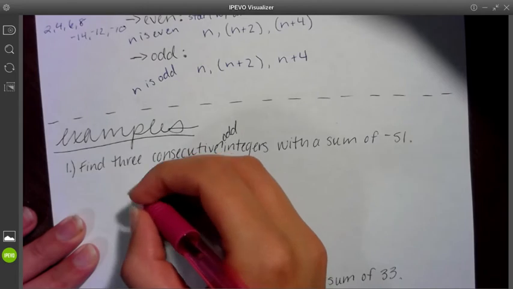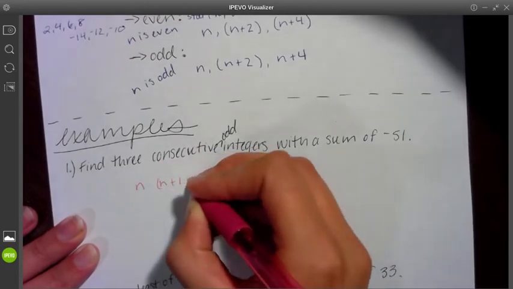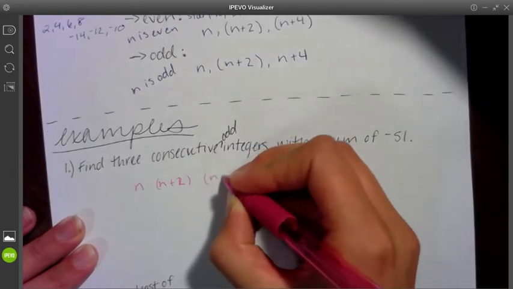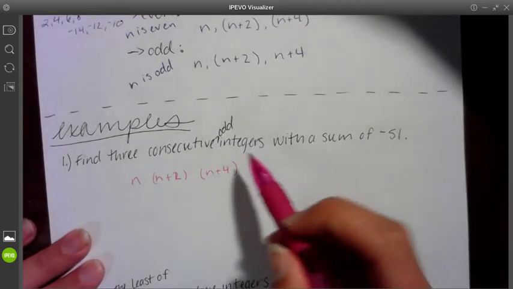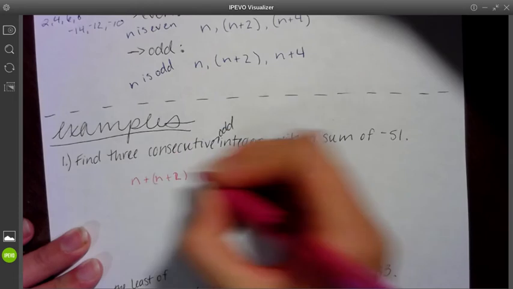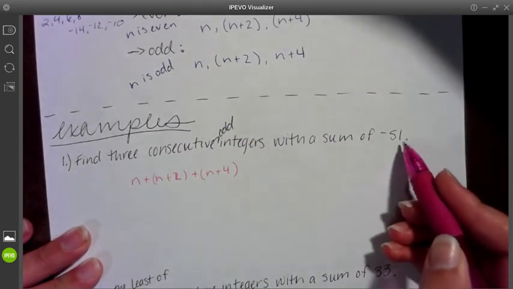So we have n plus, not 1, 2, and n plus 4. So those are our 3 consecutive odd integers with a sum. That means we're going to add them. So let's put in some addition symbols. A sum of negative 51.